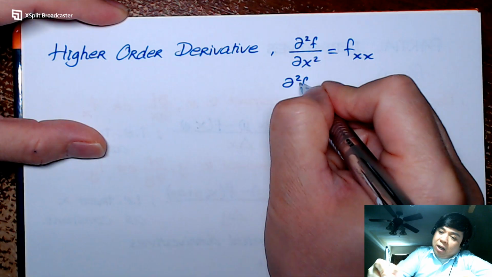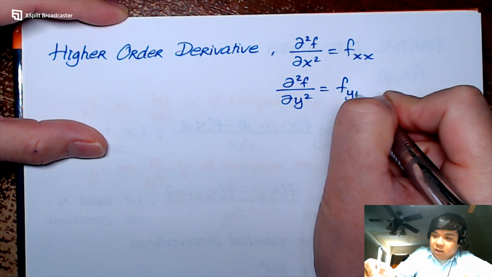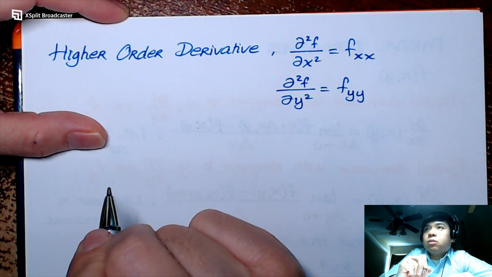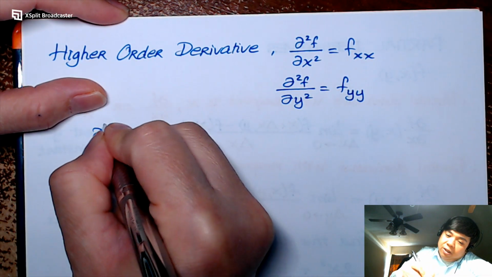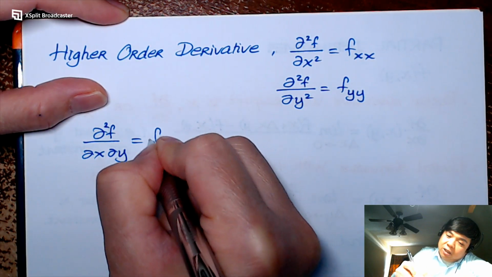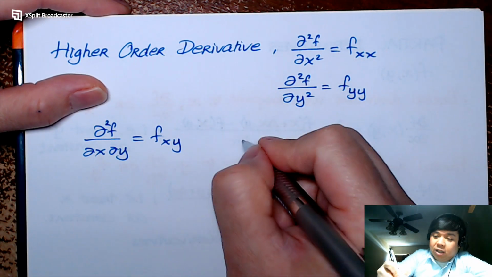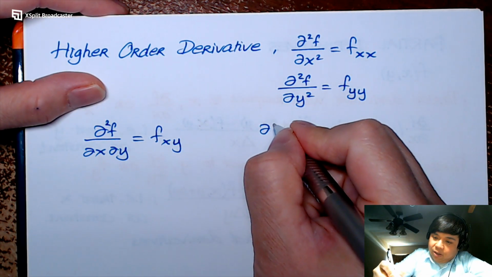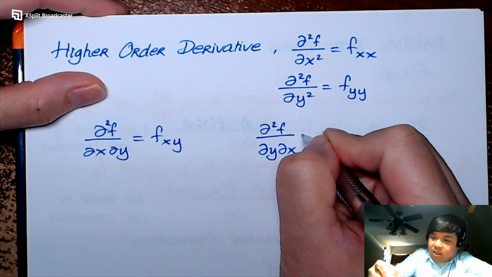Derivative with respect to y twice, or we can have derivative with respect to both x and then y. So with respect to x first, and then with respect to y, and then we have y first and then x.